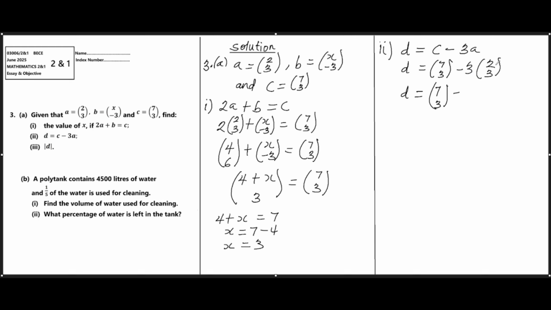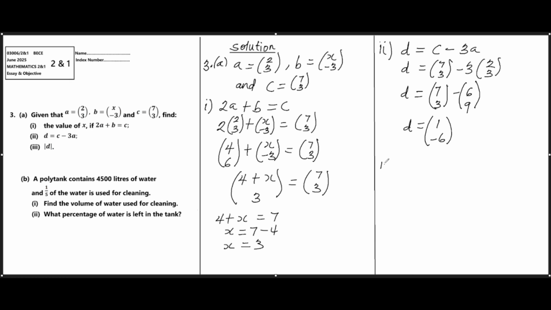So 3 by 2, we have 6, and then 3 by 3, we have 9. So finally, the x component, 7 minus 6, that is 1. 3 minus 9, we have negative 6. So that is vector d.